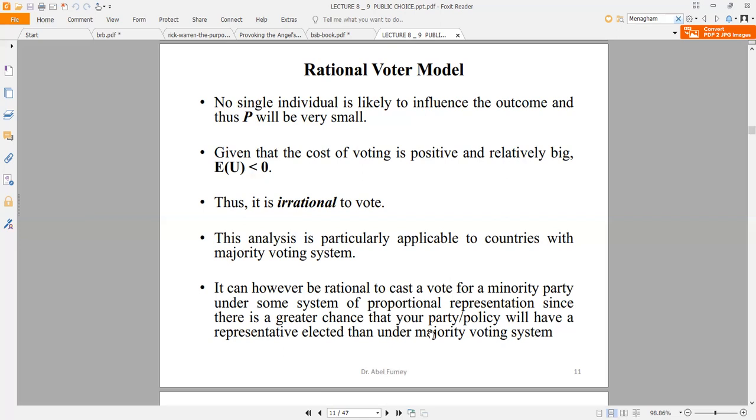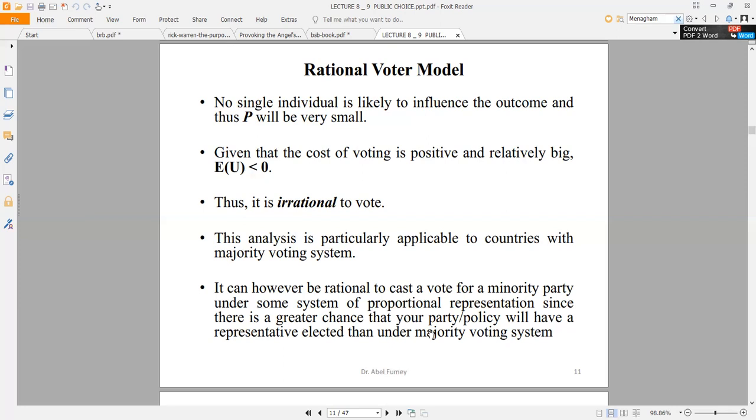So a very small number times your utility is going to be very small, but the cost is there. Apparently, the cost of voting is not a joke at all. So now subtracting this big cost from this small utility or benefit is going to give us a negative value, which means that the expected utility of voting is going to be negative.